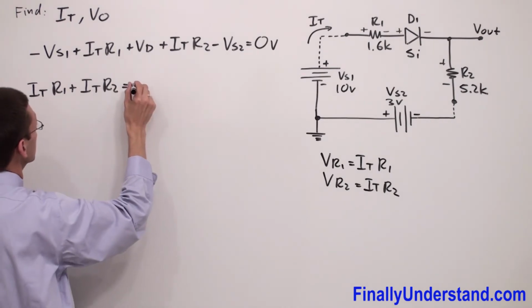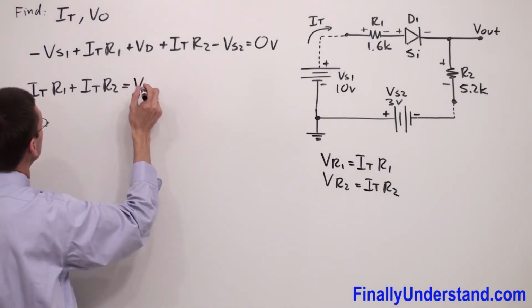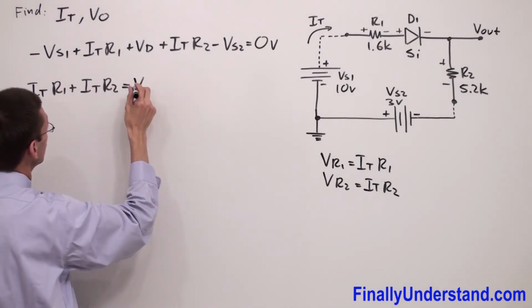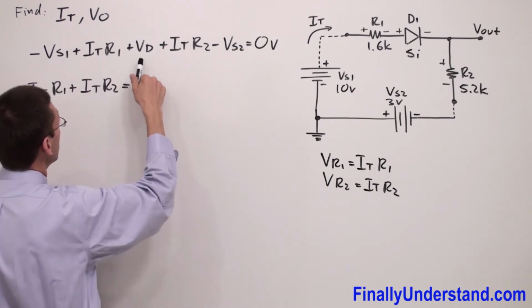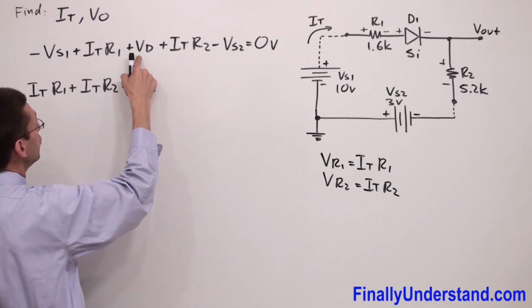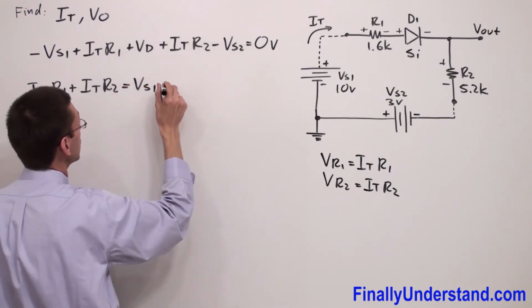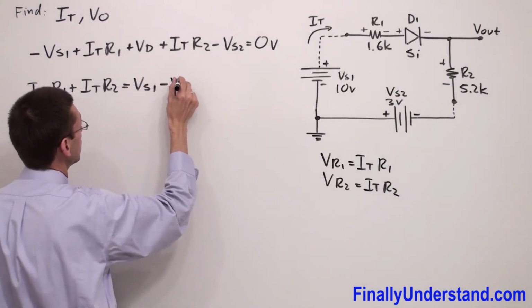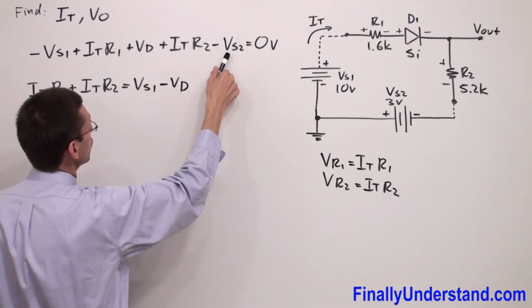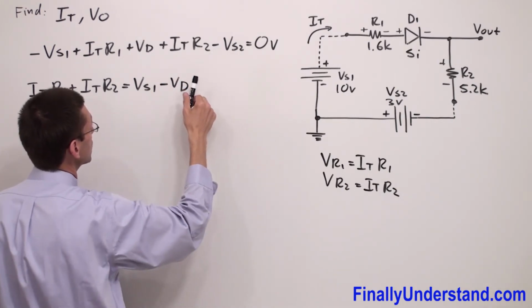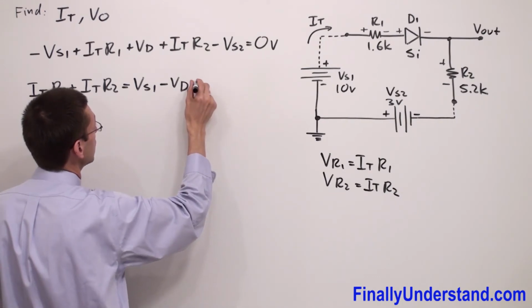That's why I'm going to change the sign. So minus Vs1 is going to be positive Vs1. And I have positive Vd. I have to move this to the right side, so this becomes negative. And I have negative voltage source 2. I'm going to move it to the right side of the equal sign. It becomes positive.